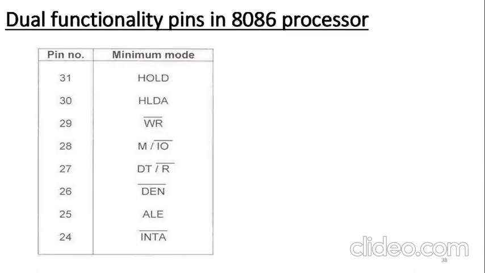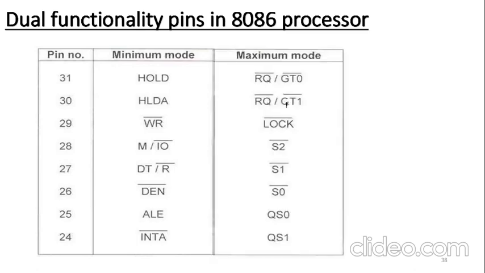It means that pin number 31 down to 24 will function in the minimum mode like this. The same pins will function in the maximum mode in a different manner, which is shown in the third column, maximum mode signals.